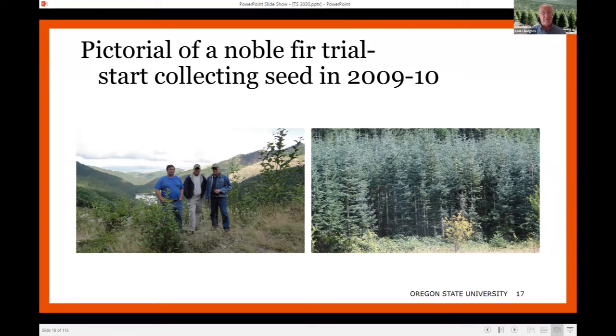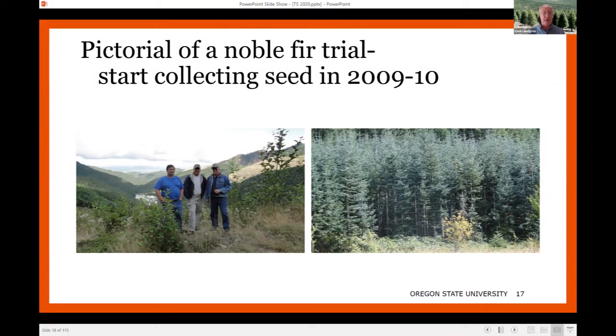If you get on some of the ridges, you can see Blimp Hangar in Tillamook on a nice clear day. It's around 2,000 feet in elevation. Just a picture of some of the noble fir that's growing fairly thick up in that area.